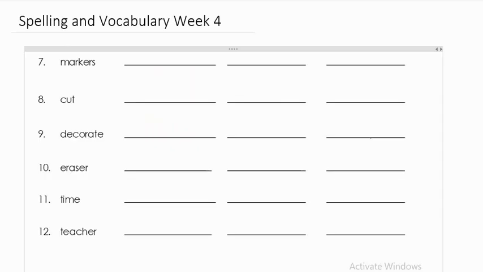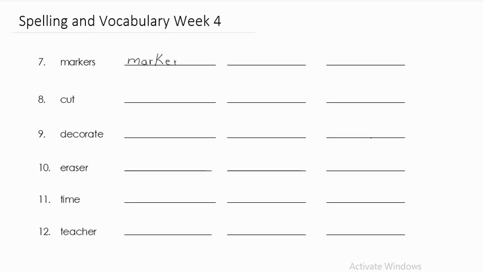Now we are going to write these words 3 times, and let's start with the word marker. Let me take my pen, my black pen. This time I'm going to do it with the script letter. Markers, and markers.